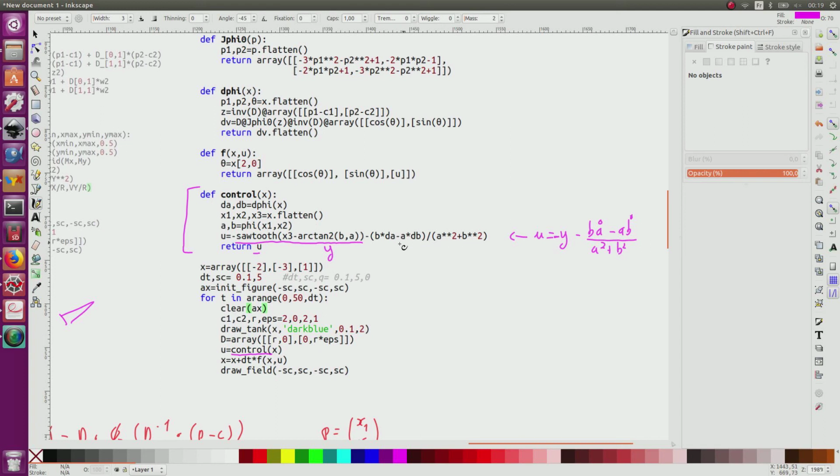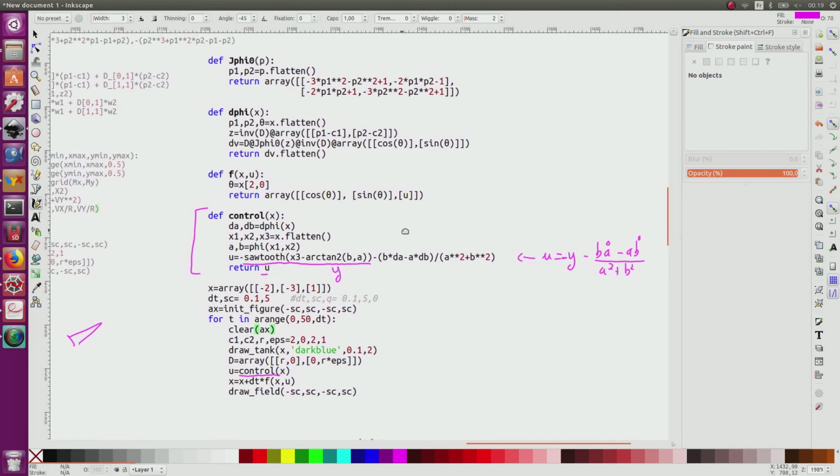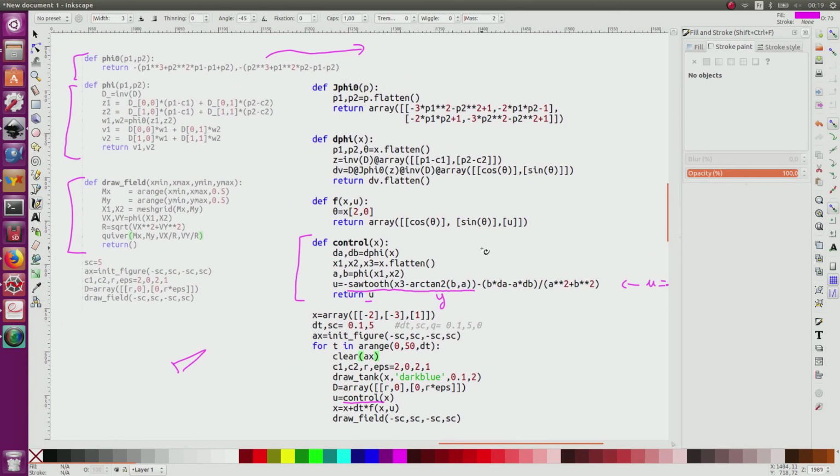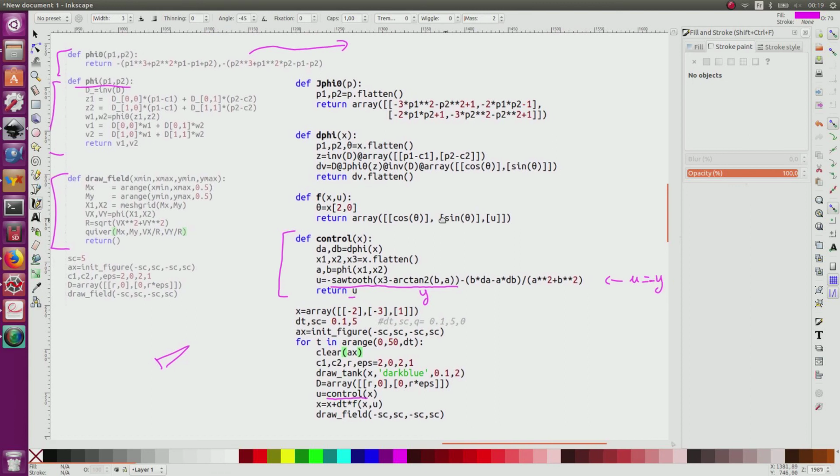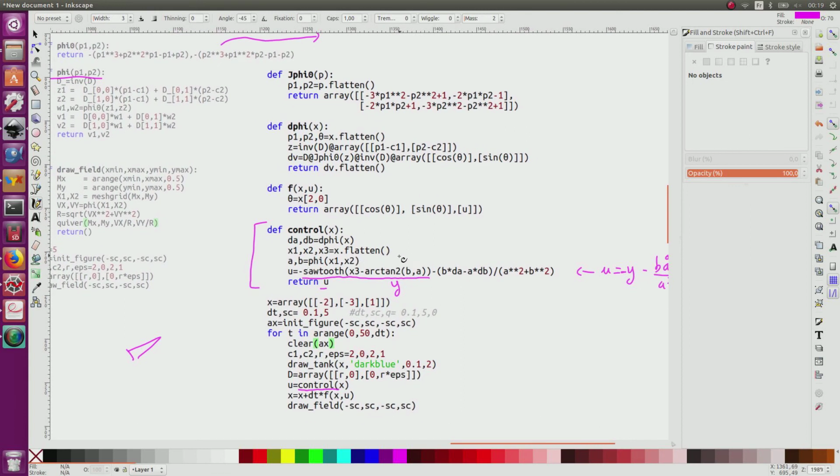Now a and b are given by the phi function, which is here, and dA, dB are obtained thanks to the derivative of phi. Derivative of phi is here.